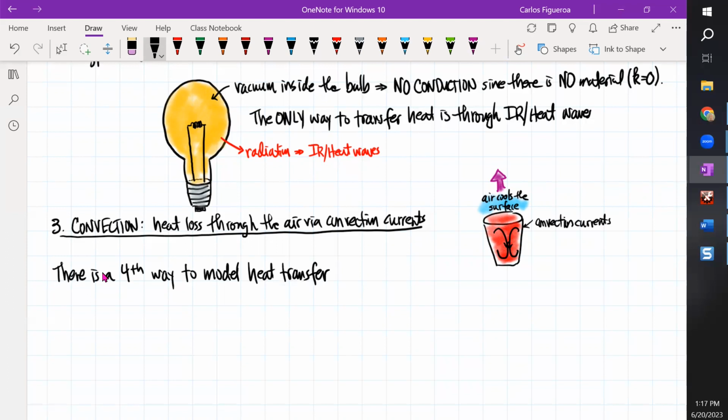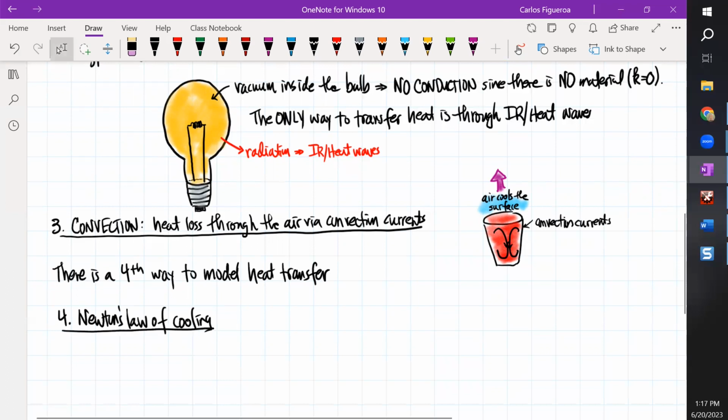And this is the one that I want to talk about. This is called Newton's law of cooling. Newton's law of cooling is very similar to conduction.